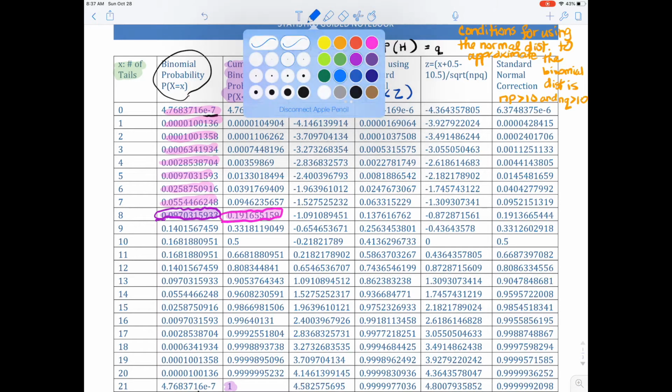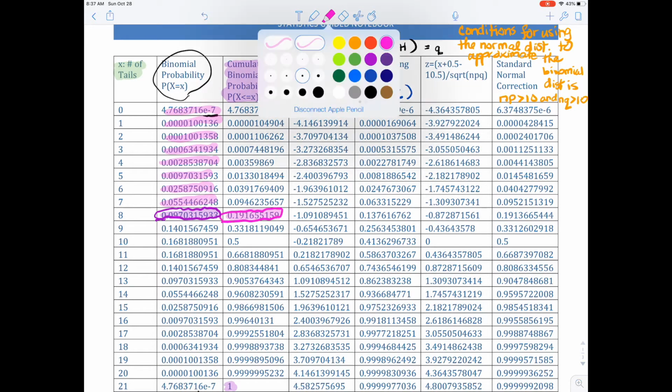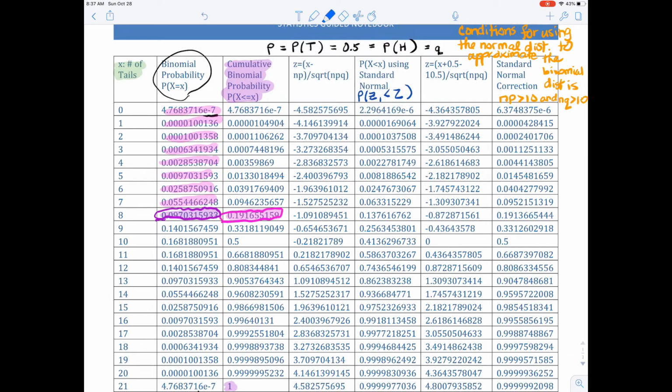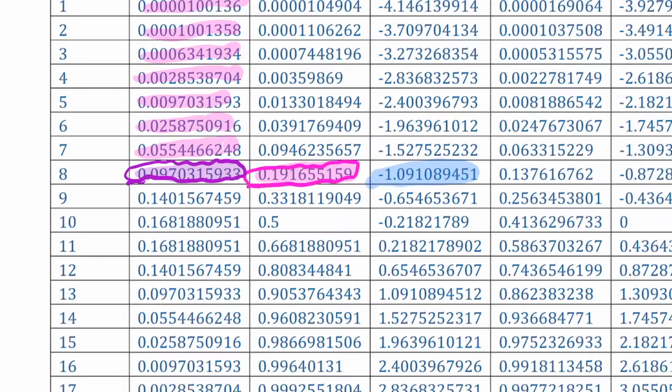This column represents the z-score that would correspond to a score of x equal to 8. And then, of course, the area for that z-score would be here.